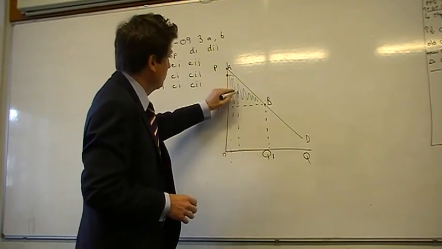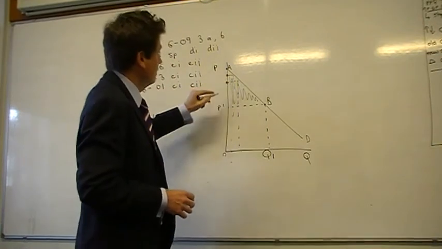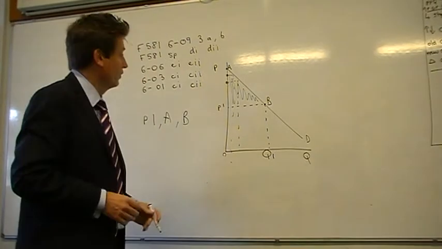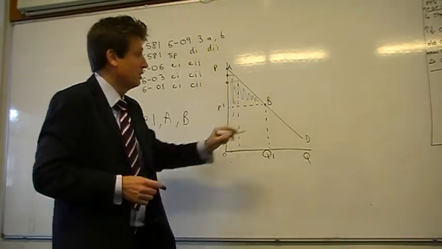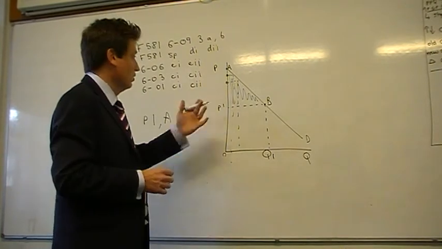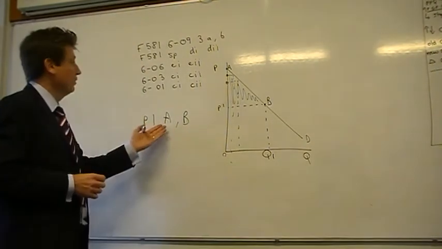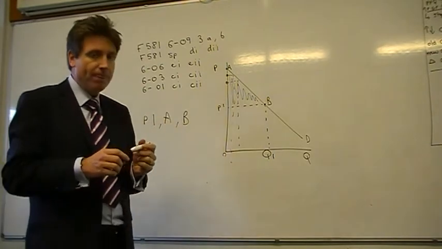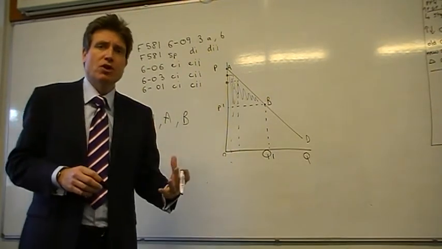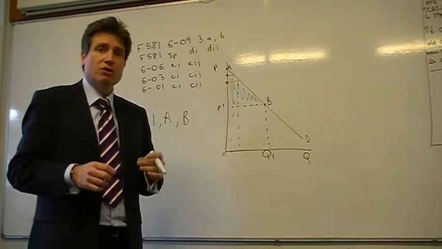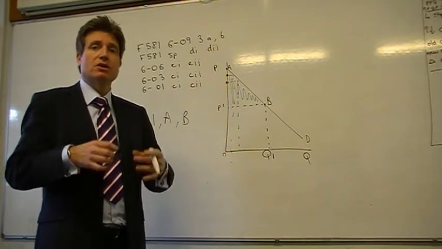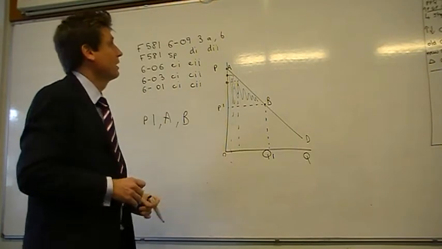For a number of consumers, they'd have been willing to pay this price, and so forth. So it's the difference between what consumer is willing to pay, as shown by the demand curve, and what they actually pay, shown by the equilibrium price. That's P1AB. Now don't forget, the most common way you're going to get asked about that in OCR is a 2-mark question. So remember, if it's going to be 2 marks, nice concise definition.